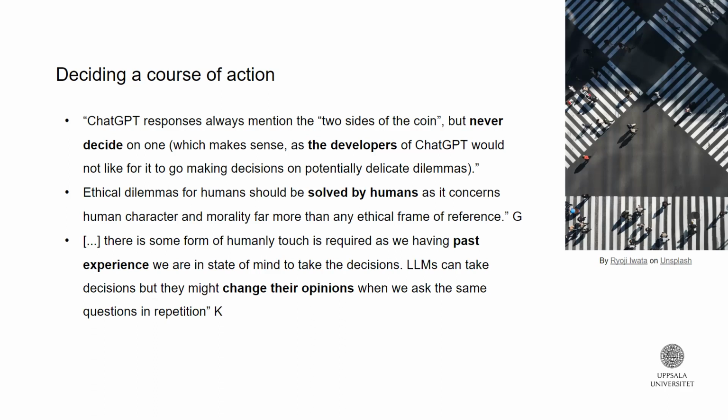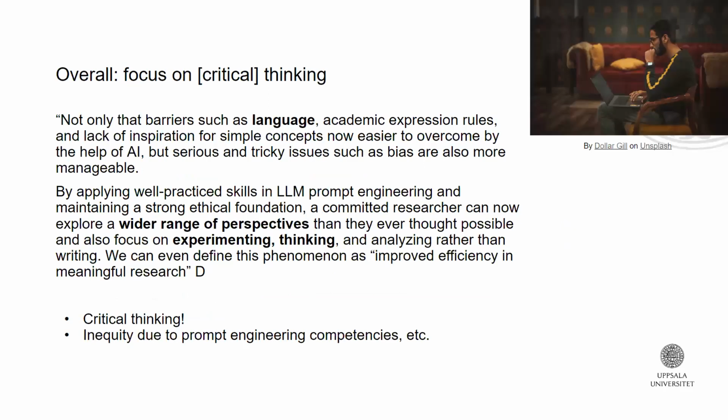I think Bohr mentioned in the morning that LLMs can make decisions, but they might change their opinions when you ask the same question several times, right? And then here they say, well, because it's implemented this way. I have that quote if anyone is interested, but here I leave it in this context.